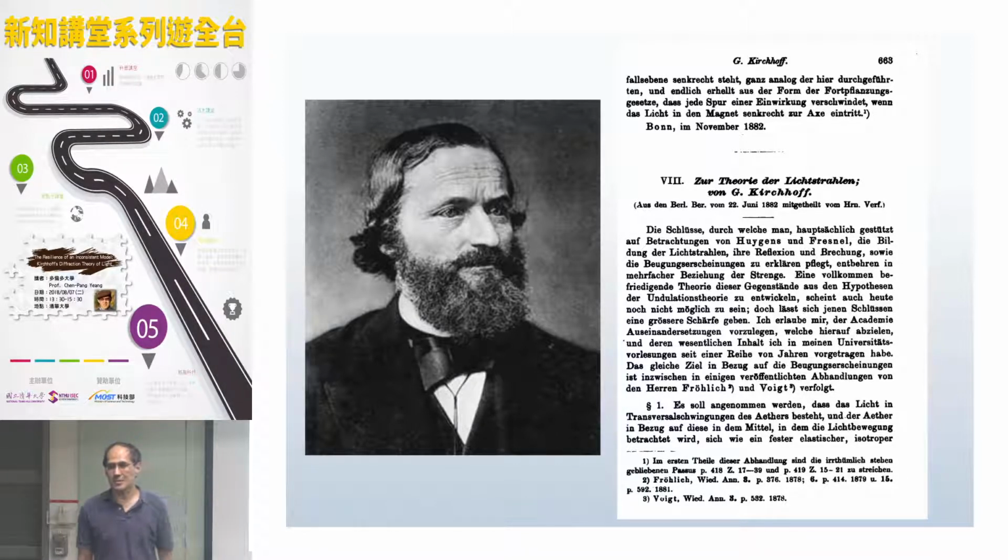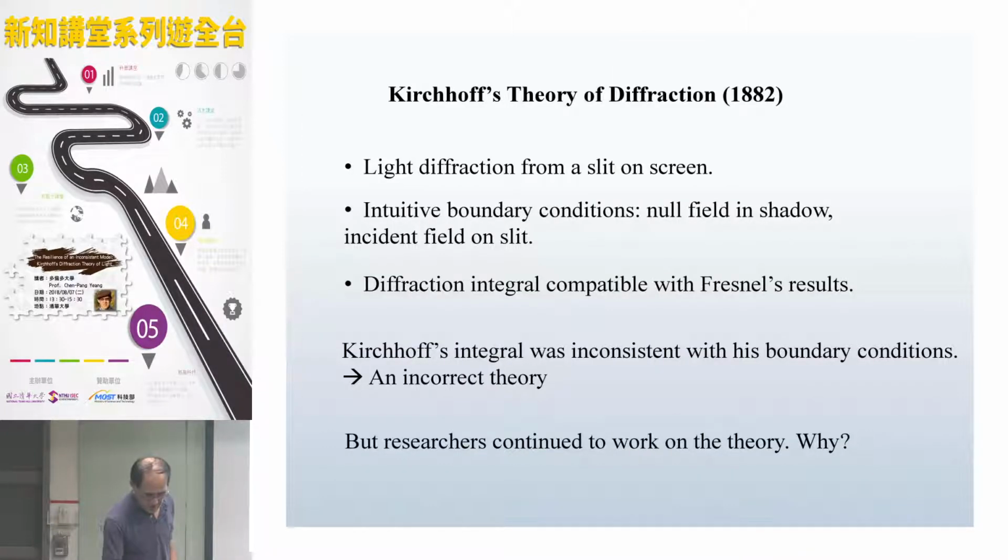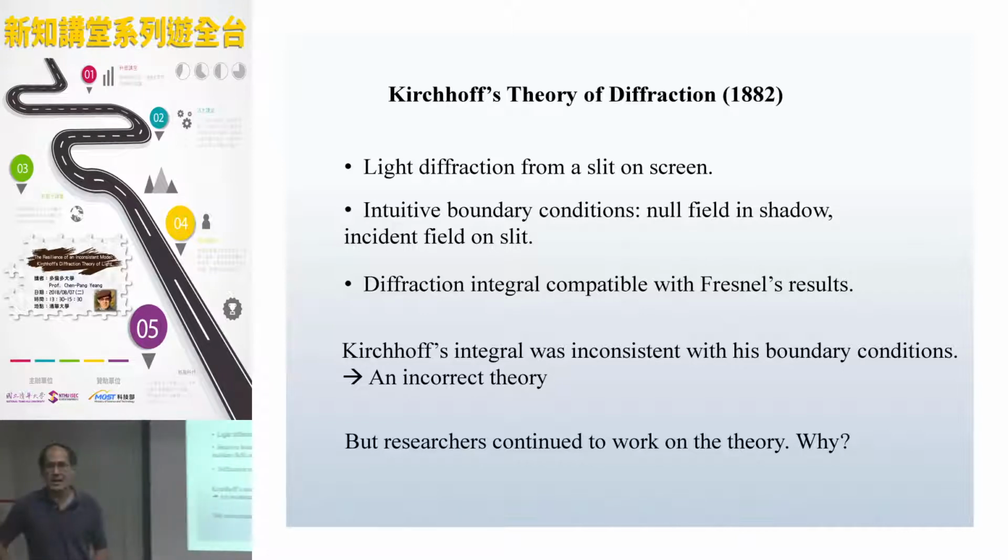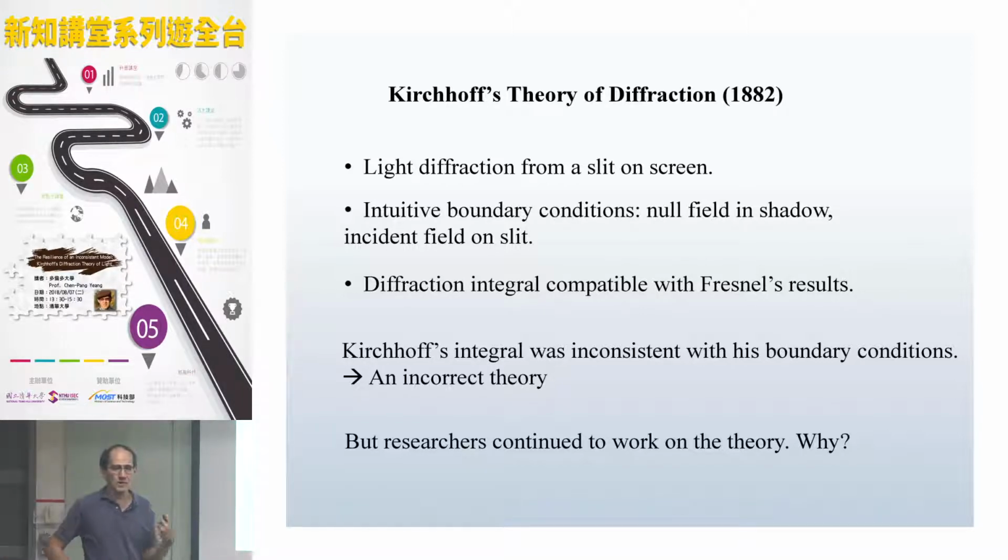It's on the theory of light rays, which is actually about the diffraction of light. And this theory is interesting because it is sort of a classical work for light diffraction theory, but on the other hand, it has some severe problems.